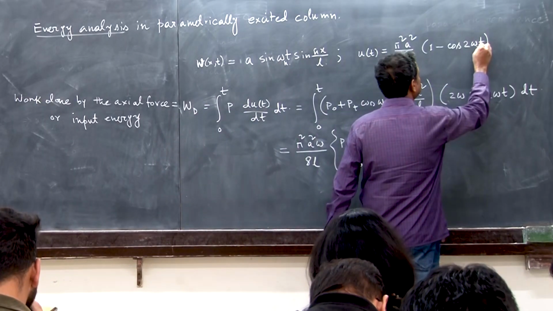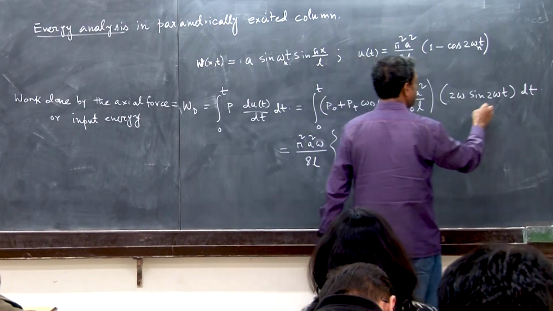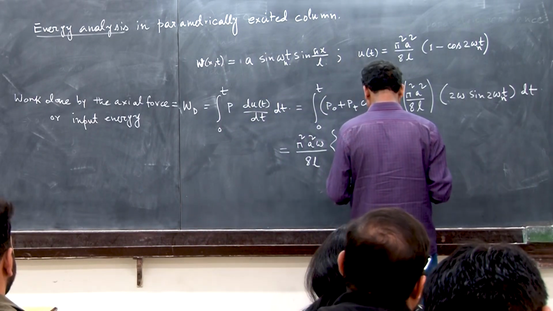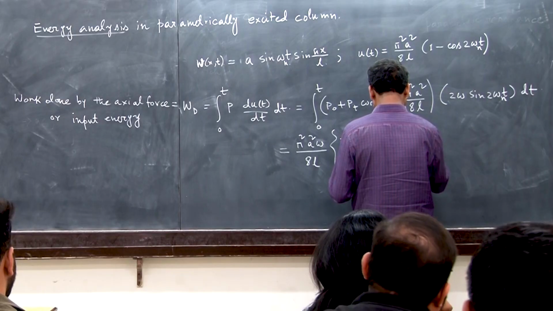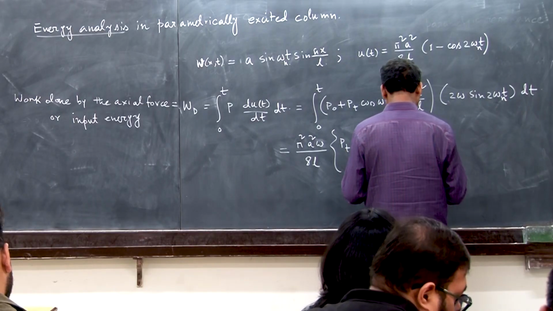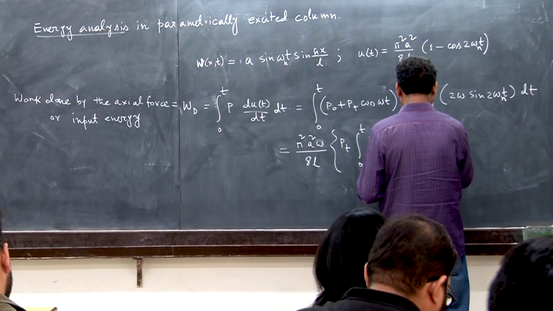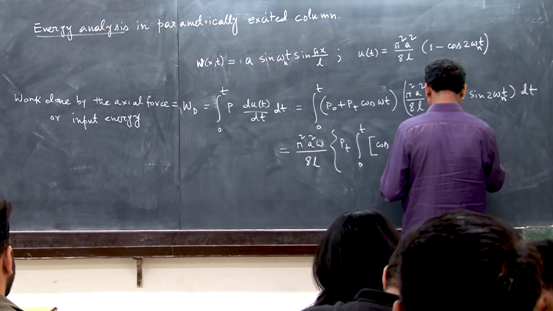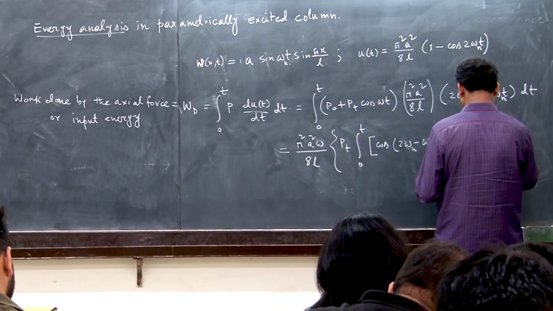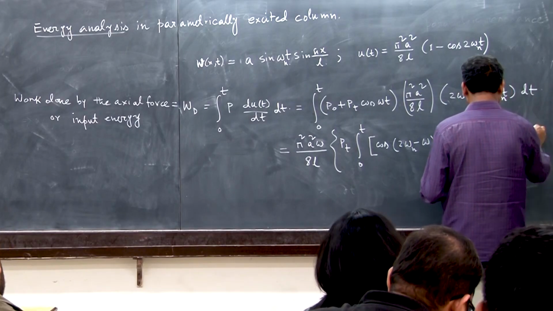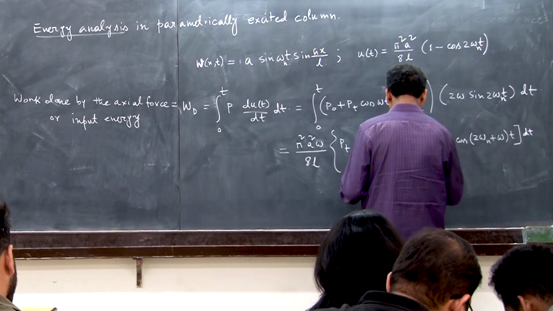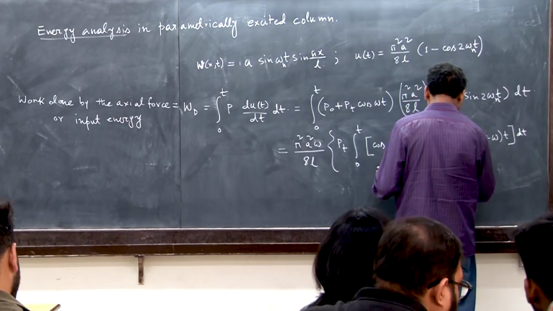Then Pt cosine of (2 omega minus 2 omega n) minus omega, into t, minus cosine of (2 omega n plus omega) t, dt, plus P0 by omega times 1 minus cosine of 2 omega t.